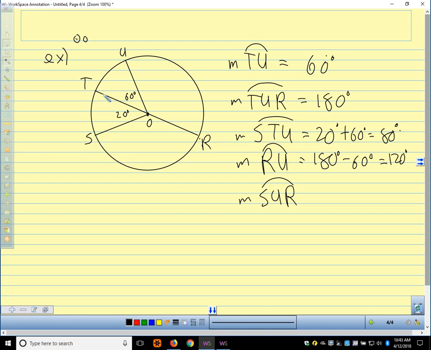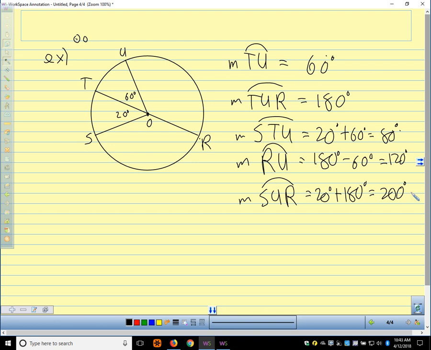So what's the measure of arc TUR? 180. What's this one? 20. So altogether that would be 200. And we could find some others there as well. All right, we good there?